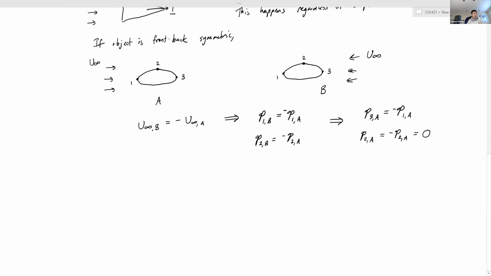Okay. So what this suggests is that the pressure distribution around a symmetric object is antisymmetric.